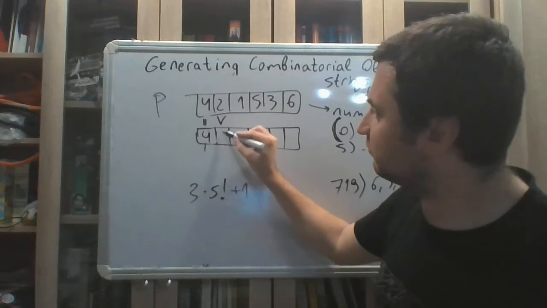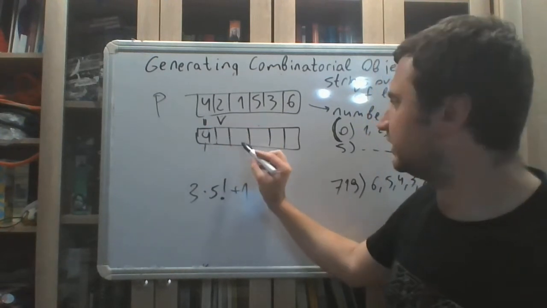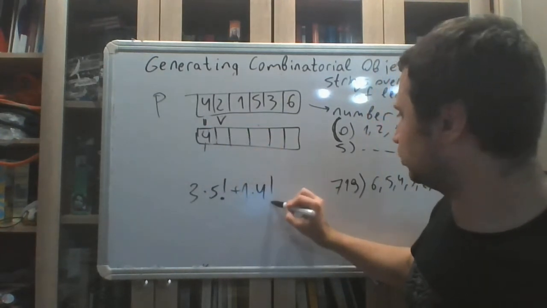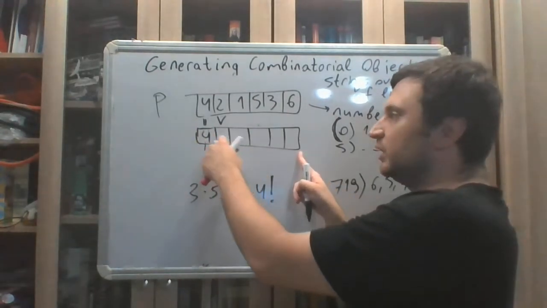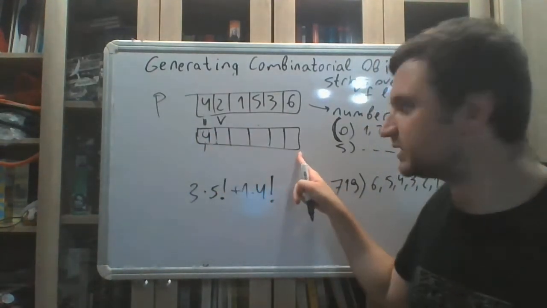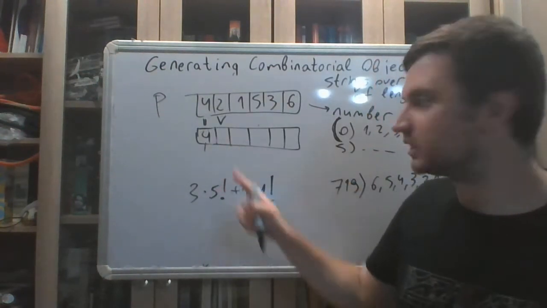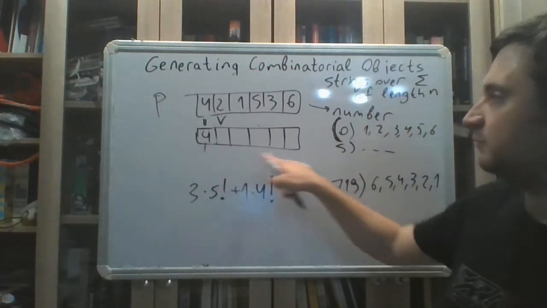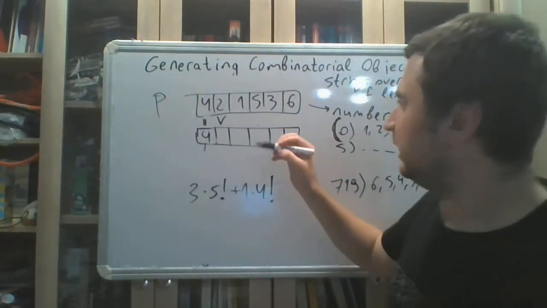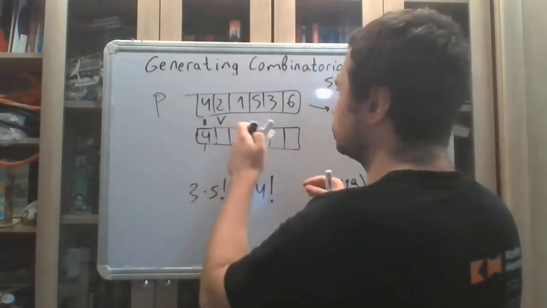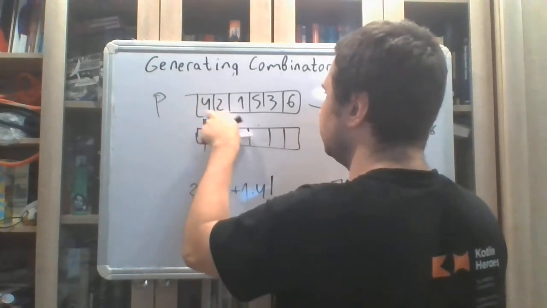And once we have put this digit over here, there are 4 factorial continuations to fill in these numbers, because 4 and 1 are already put in place, and 2, 3, 5, 6 can be put into these positions in any order.